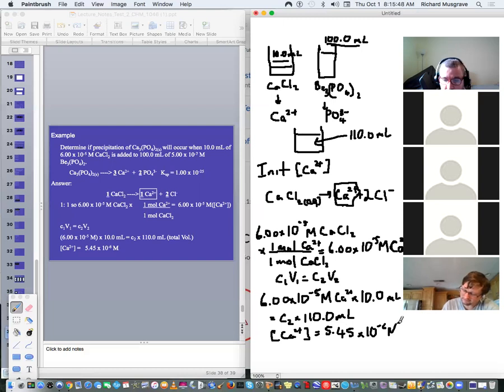And you'll notice that if you compare this number to what we started with, it's about 11 times less, which makes sense because we took 10 mL and put it into 110 mL. So now it's diluted by 11 times, which means the concentration is 11 times less than what it used to be, because we've taken that 10 mL and put it in a solution of 110.0 mL. Does anybody have any questions?